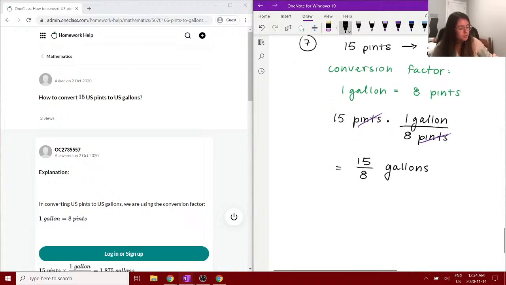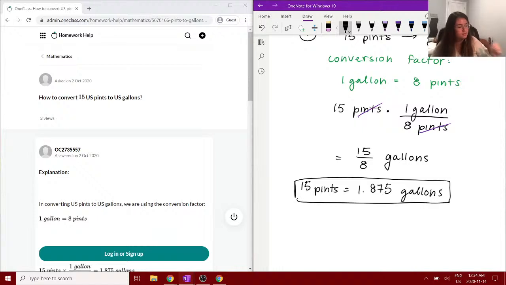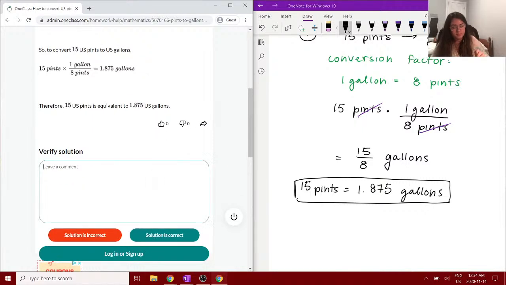And if you evaluate that with your calculator, you get 1.875 gallons. And that is your final answer. So 15 pints gives you 1.875 gallons after converting. All right, looking at the solution, we have the correct solution.